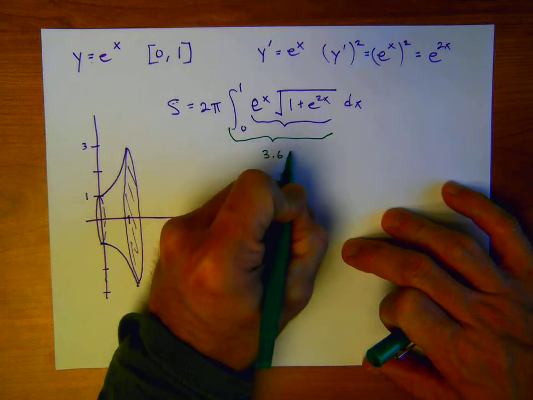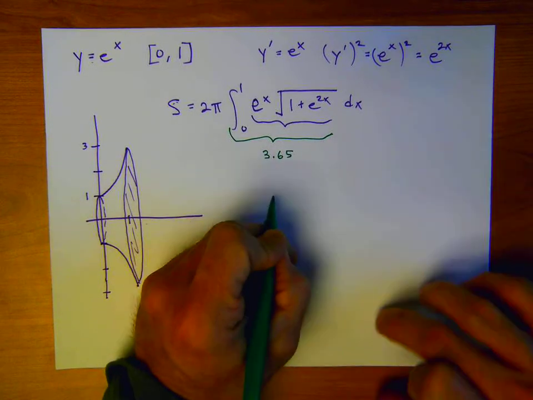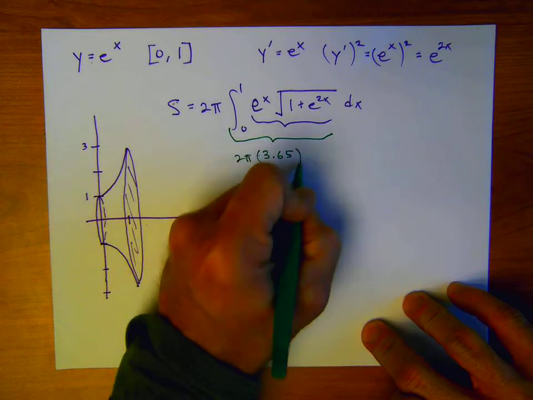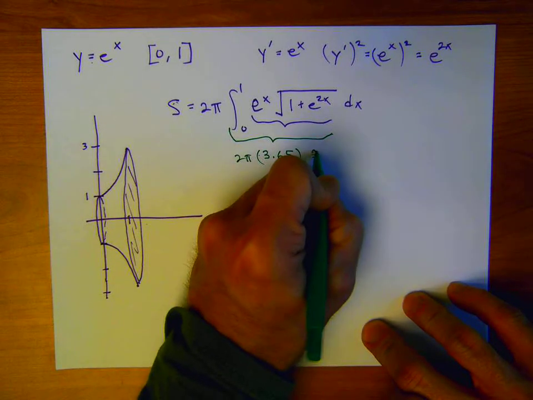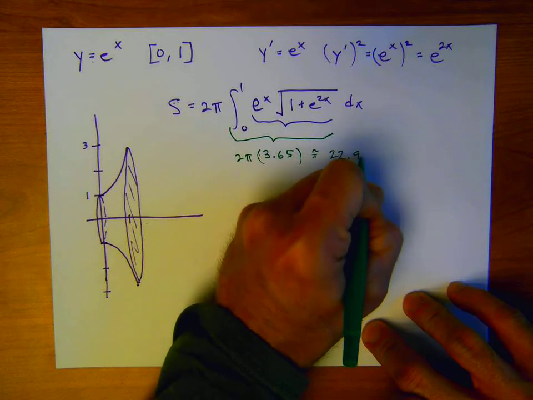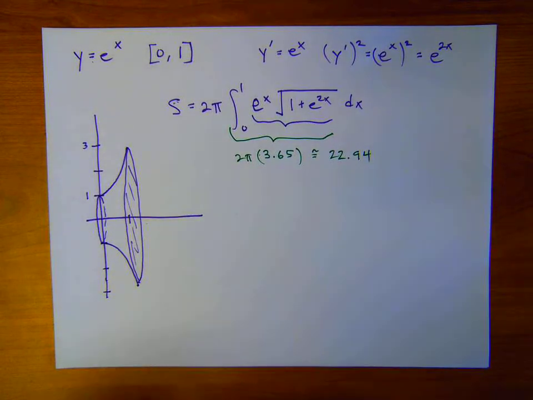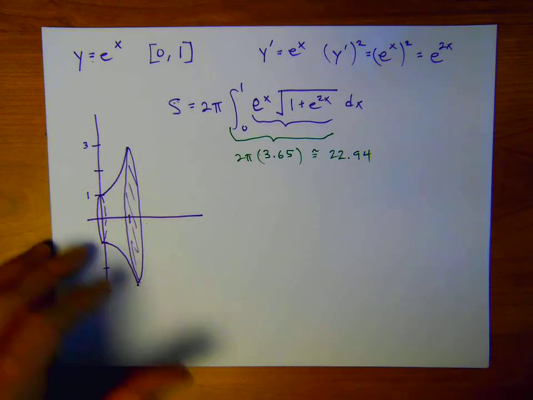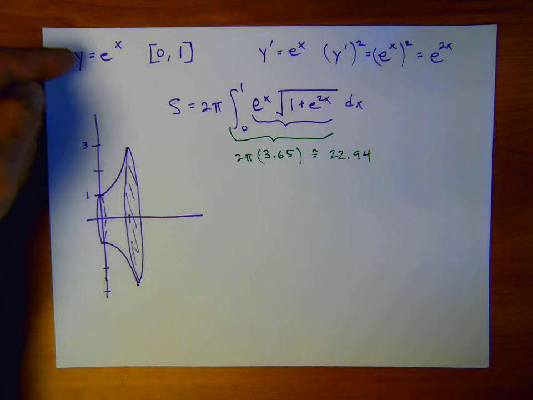You multiply that by 2 pi, and you would get something that's about 22.94. So that's just an example of how you would use the surface area formula to find the surface that results when you take a curve and revolve it around the x-axis.